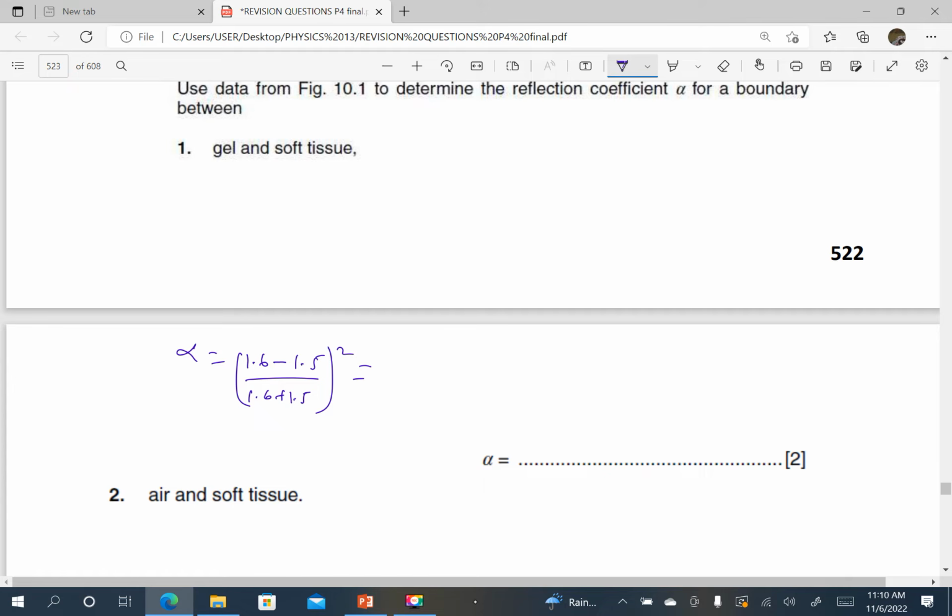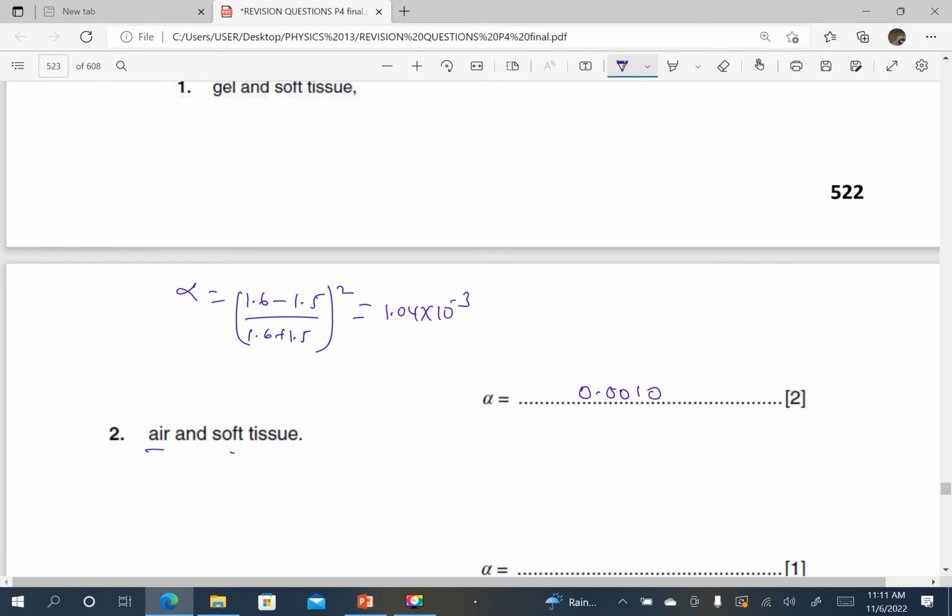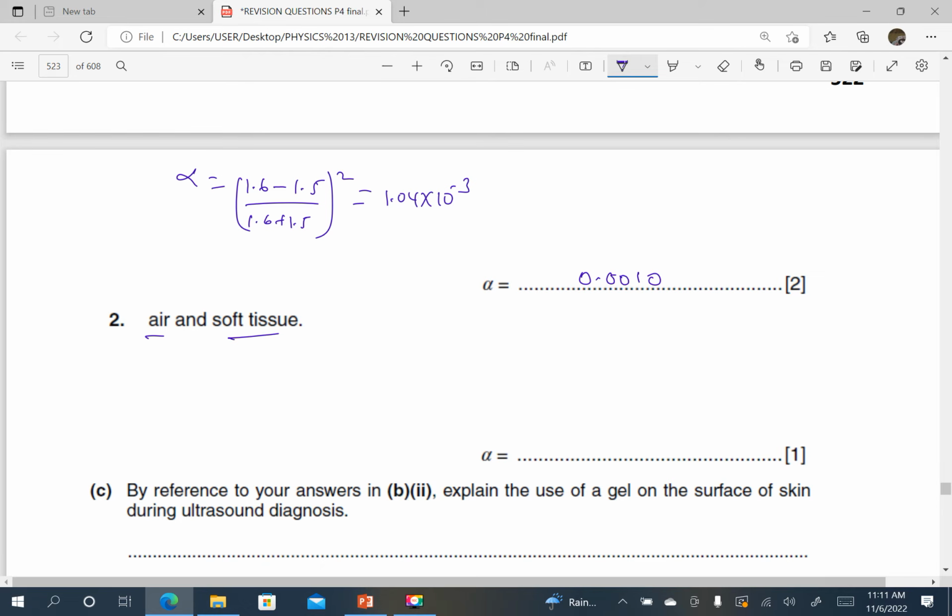So this is giving me 1.04 times 10 power negative 3, or approximately 0.0010. That is for alpha. Then air and soft tissue. Alpha, for soft tissue is 1.6 times 10 power 6, and for air, I think they gave us 4.3 times 10 power 2.